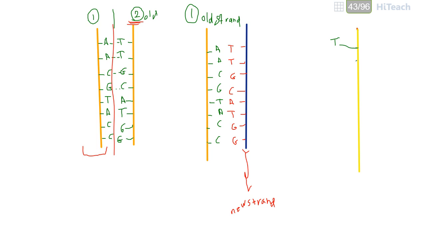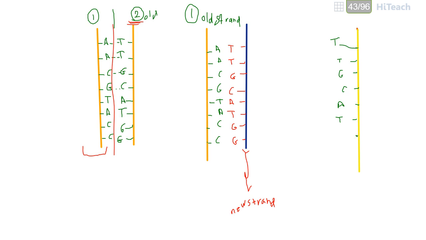T, you have another T, and G, you have C here, you have A, you have T, you have G and G, right?